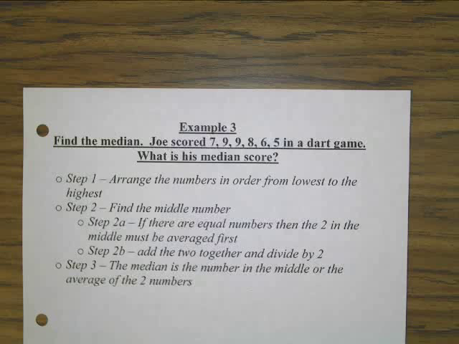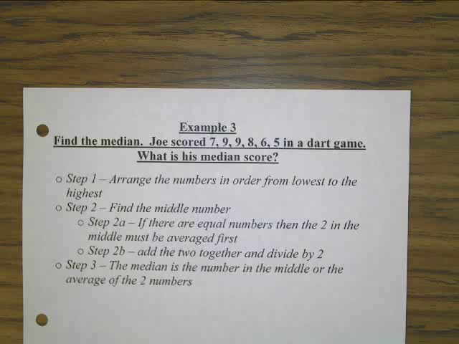In our example and in life, you don't always have odds, and you may have an even set or an equal set of numbers. In this class, we have 14 kids, so when we find the median of a test score, we can't just simply pick the number that falls in the middle. We have to do step 2A and step 2B.